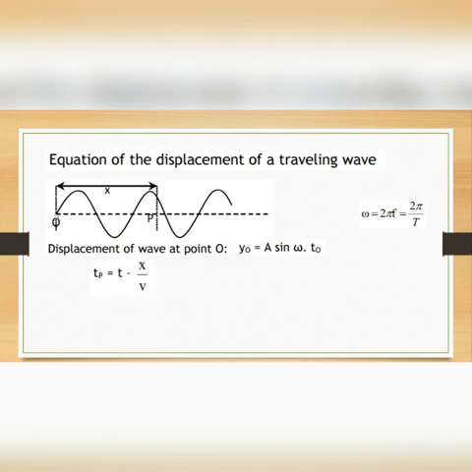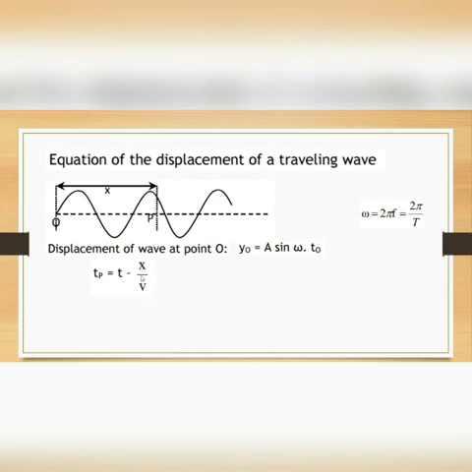The wave needs time to travel from point O to point P, and the time needed to travel will be equal to x divided by the velocity v. So, when point O has oscillated for t0 seconds, then the time point P has oscillated will be t0 minus x over v.